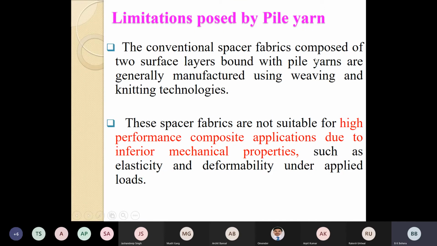The conventional spacer fabrics composed of two surface layers bound with pile yarns are generally manufactured using weaving and knitting technology. These spacer fabrics are not suitable for high performance composite applications due to inferior mechanical properties such as elasticity and deformability under compressive load.